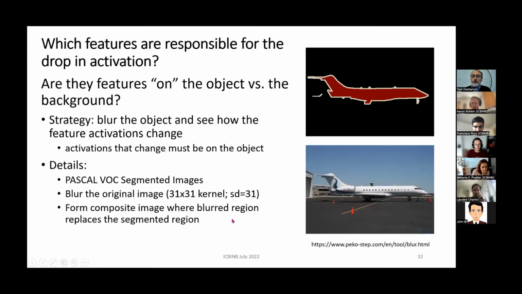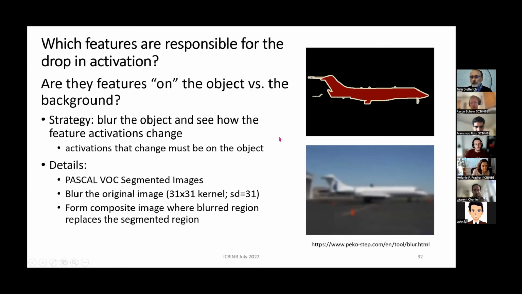We did some additional work to ask whether the features that have lower activations are actually features on the objects of interest. To do this, we used Pascal VOC data, where hand-drawn segmentation data were available.